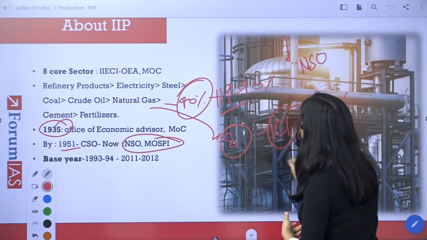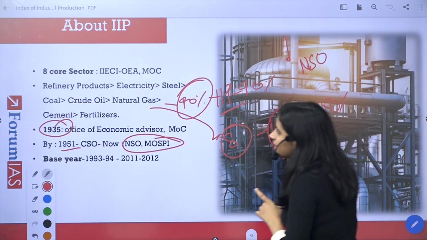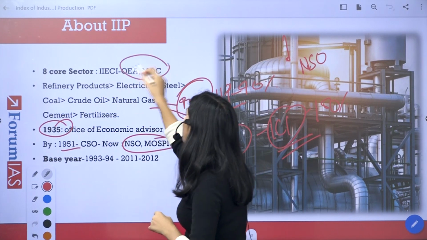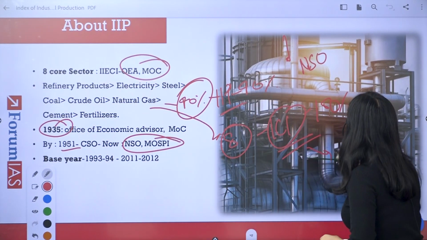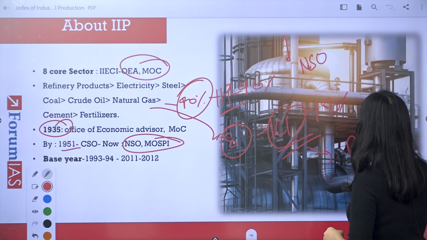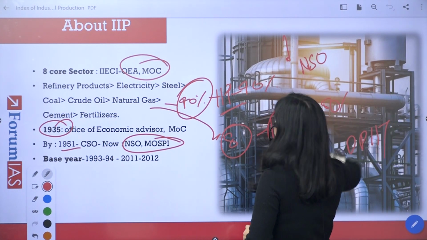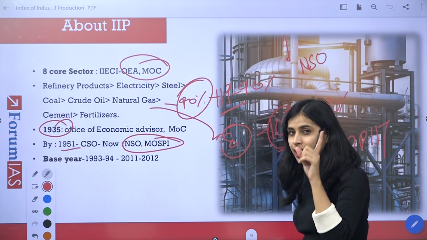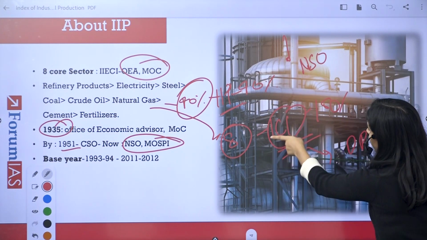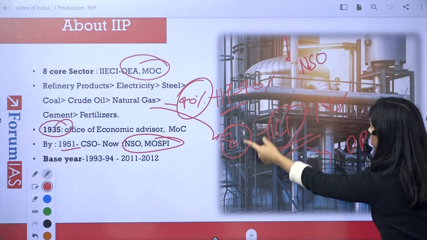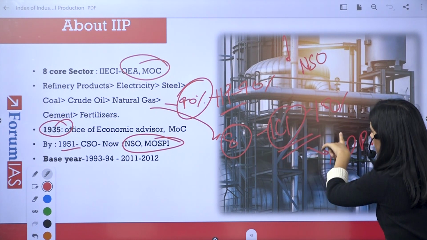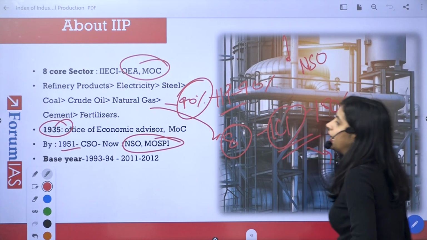On the other hand, the Index of 8 Core Industries is still released by the Office of Economic Advisor, Ministry of Commerce, DPIIT. Keep this in mind: IIP is calculated by NSO, and ICI is calculated by DPIIT.